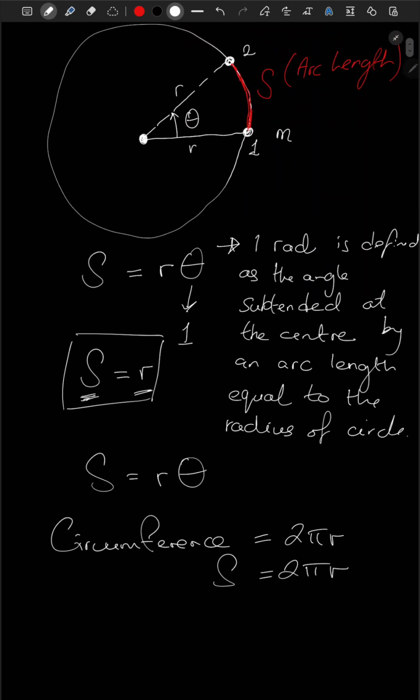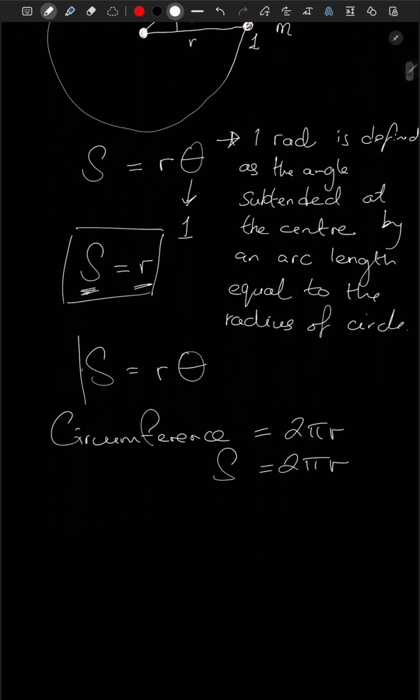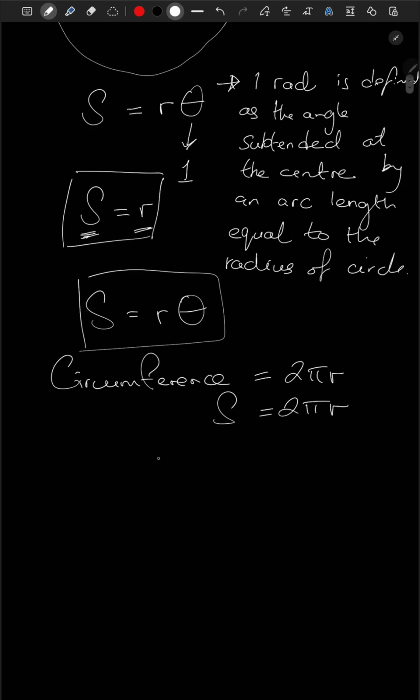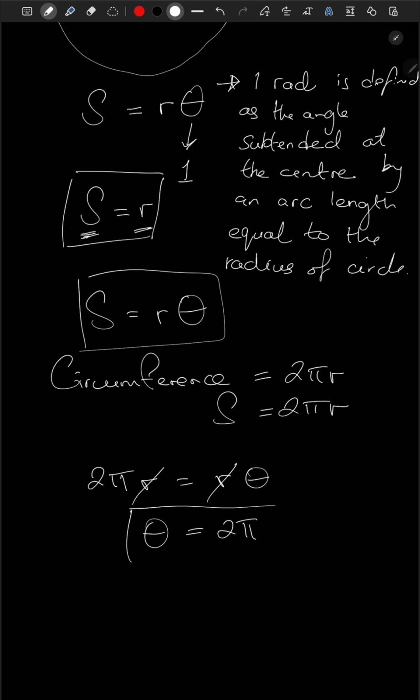So we can replace S in the equation by 2 pi r. So 2 pi r is equal to r theta. So r cancels, and you will get theta to be 2 pi. So in order to complete a whole circle, the angle has to be 2 pi radian.